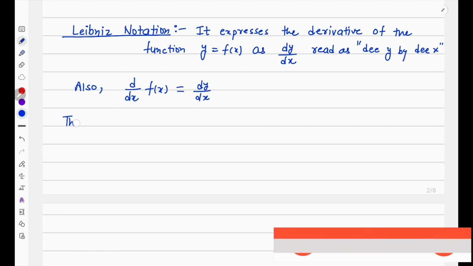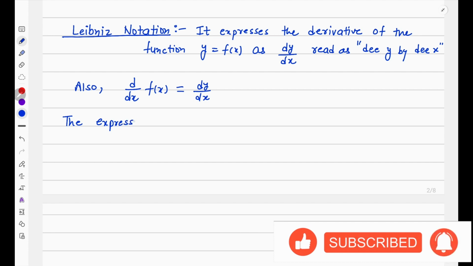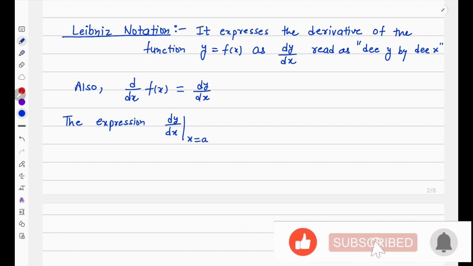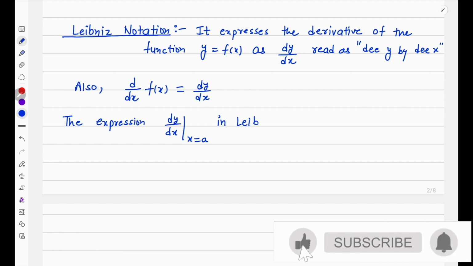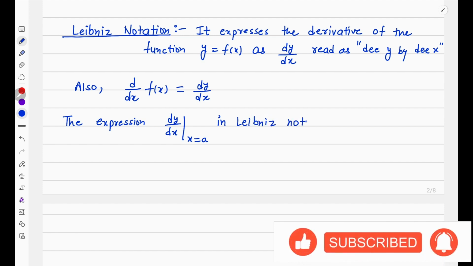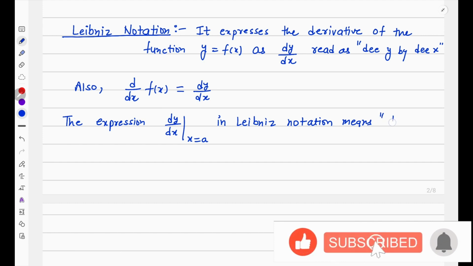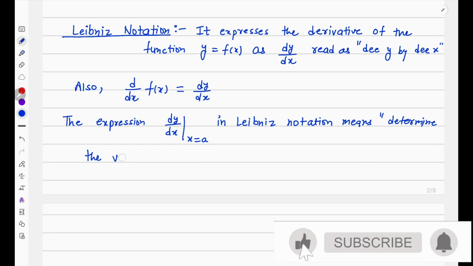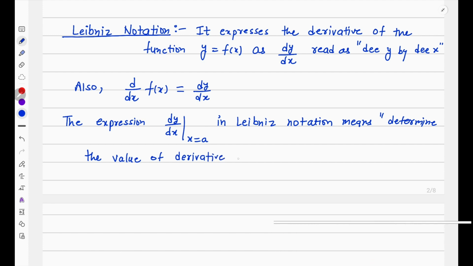Also, the expression dy by dx at x equal to a in Leibniz notation means determine the value of the derivative where x is equal to a.